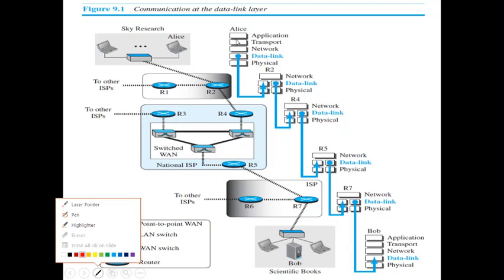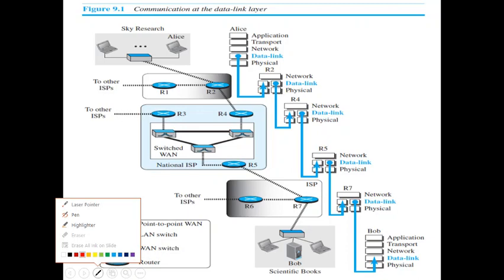If I consider Alice's system and Bob's system, only one data link layer will be working. But if I see the routers R2, R4, R5 and R7, two data link layers will be working. Why? Because one is to receive the data and one is to send the data to the next link. So remember, in the intermediate nodes I will have two data link layers.